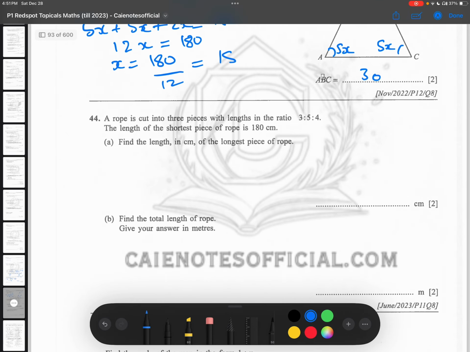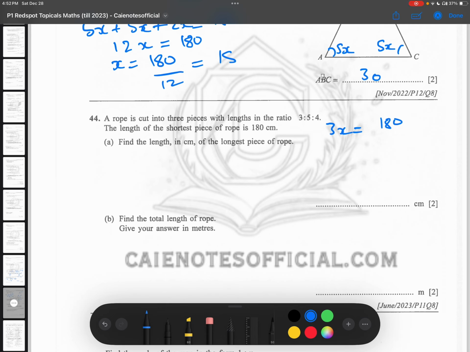Now question number 44 says a rope is cut into three pieces with lengths in the ratio 3 to 5 to 4. The length of the shortest piece of rope is 180 centimeters. Find the length in centimeters of the longest piece of rope. So the ratio for the shortest length is 3, right? And this length is equal to 180 centimeters.